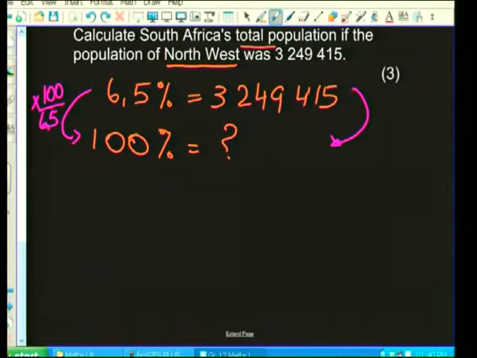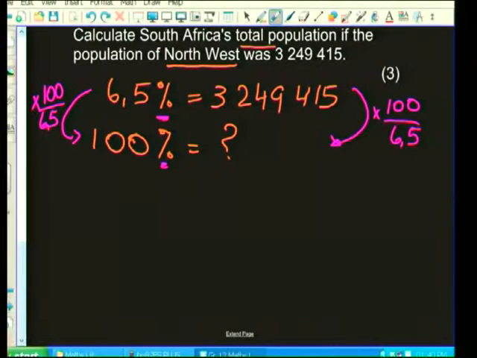So I could do the same thing here, times by 100 and divide by 6.5. Just remember, when you're working with percentage, that percentage is no longer important. It represents the unit of what you're dealing with, but you're actually only dealing with the 6.5. We're dealing with the numbers, so don't use the percentage button on your calculator.